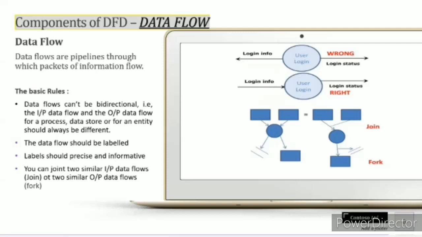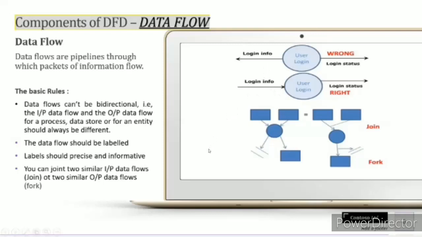From input to output, one arrow is shown, which should not be a line containing two arrowheads. If you are showing input to output and output to input, then there should be two arrow lines in different directions.